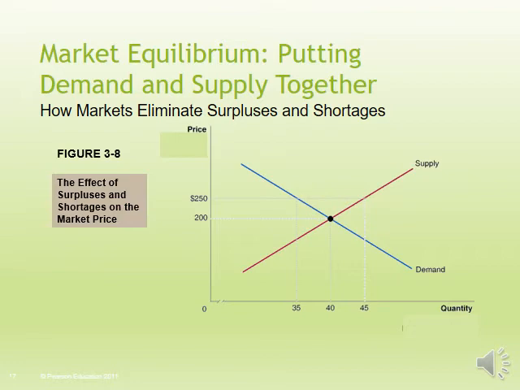There will be a surplus, which means there's more gold than is needed. So gradually the price is going to decrease until it reaches the market equilibrium. There will be a surplus of 10 kilograms.